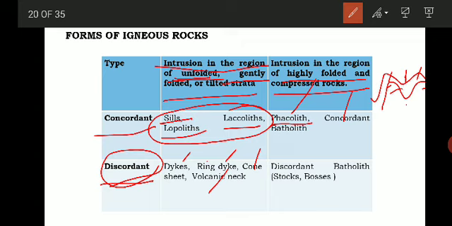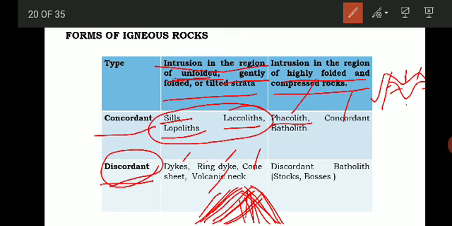So these are assemblages of small inclined dikes, called cone sheets. They are like arcuate outcrops, like radiating from a point, then it is called the cone sheet.